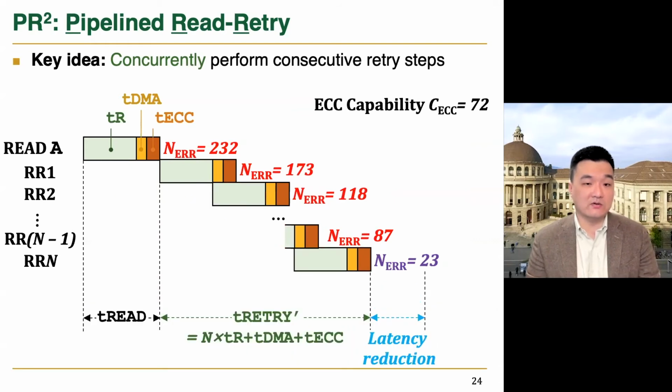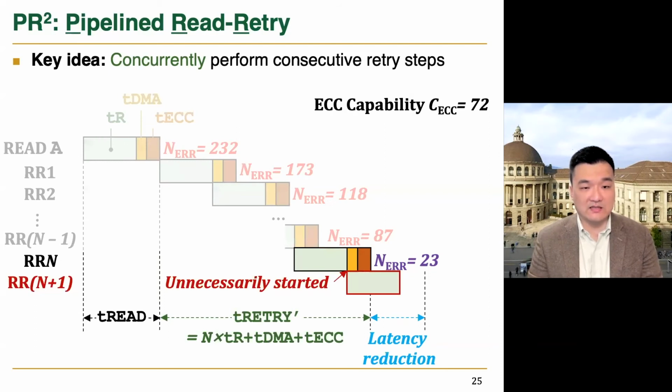However, PR-square can also negatively affect SSD performance by speculatively starting an additional retry step, which is in fact unnecessary to perform. This happens because PR-square cannot know whether a retry step succeeds or not at the moment it issues the next retry step.